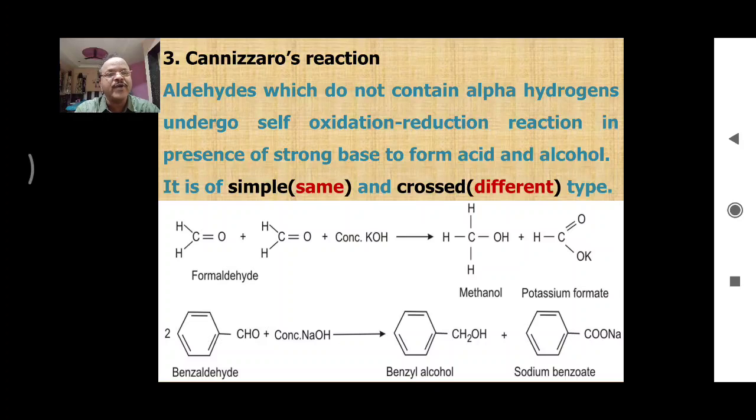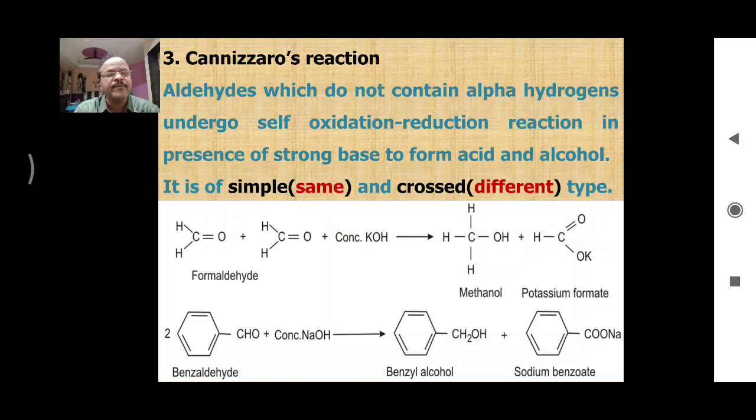Such aldehydes undergo self oxidation reduction reaction. In other words, it is called a disproportionation reaction, in presence of strong base to form acid and alcohol.